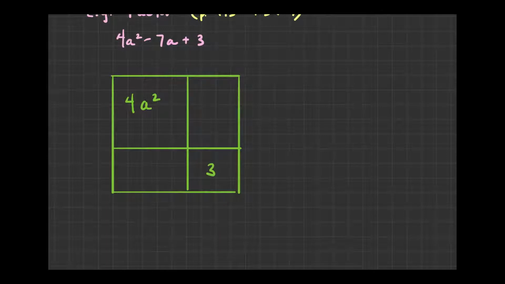I know that one of these sides is going to have some kind of blank times a, right? Not a squared. So some blank times a. This will be another blank times a, and then these sides are just going to be constants, so there's not going to be any a in them.